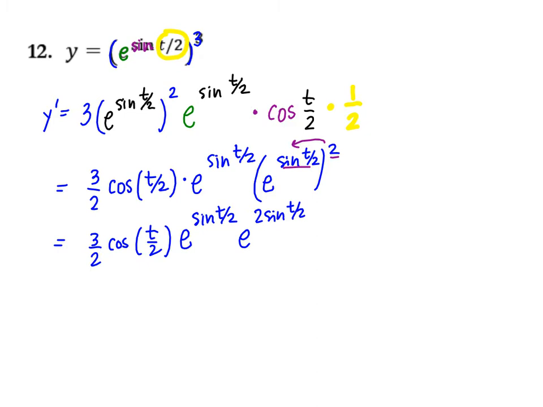And then we have the same base and different exponents, so in theory we could just add these exponents together and get 3/2 cosine of t over 2 times e to the 3 sine t over 2. And you have 2 of them plus 1 more. So there's e to the 3 sine t over 2 for y prime.